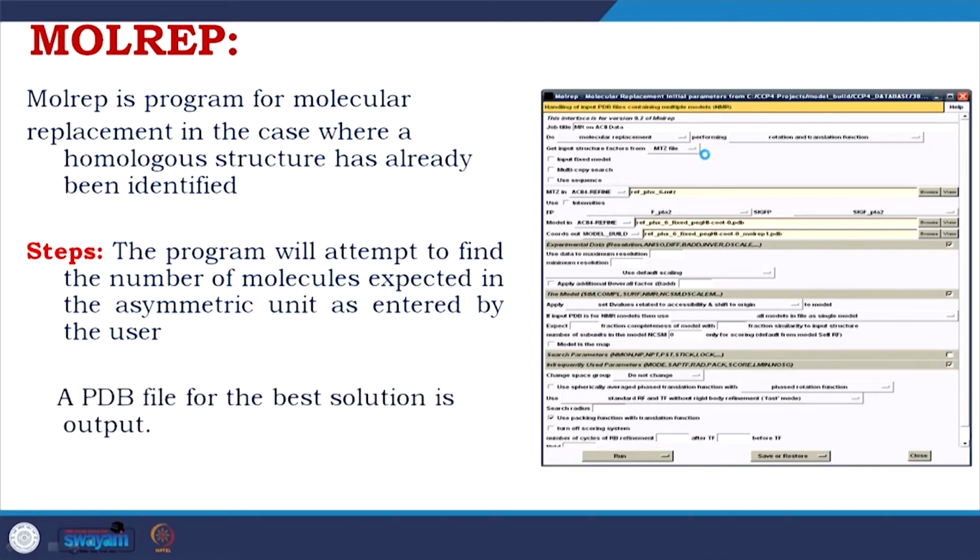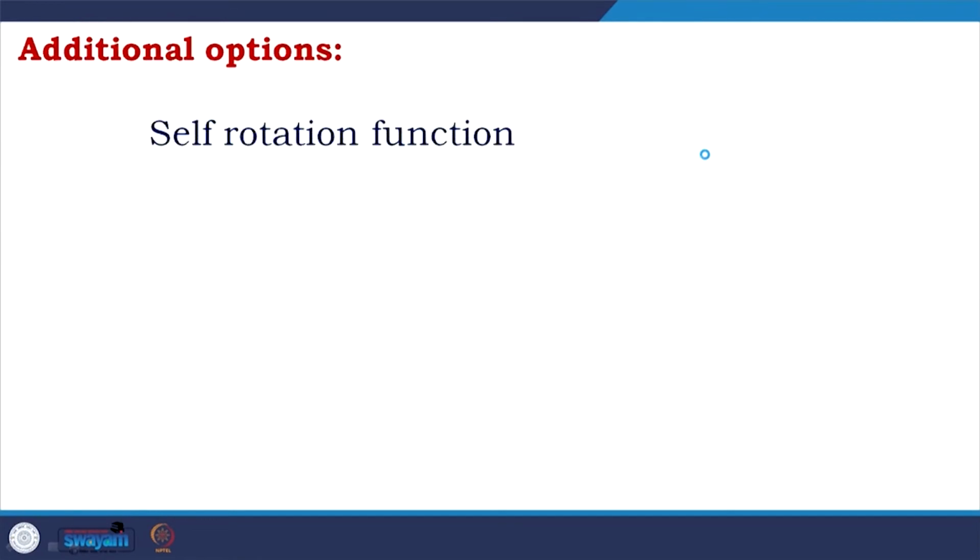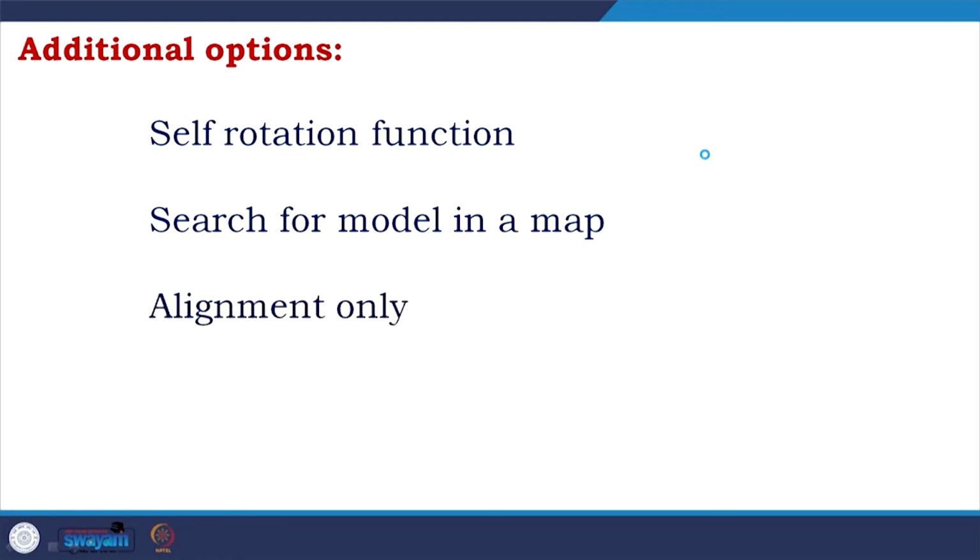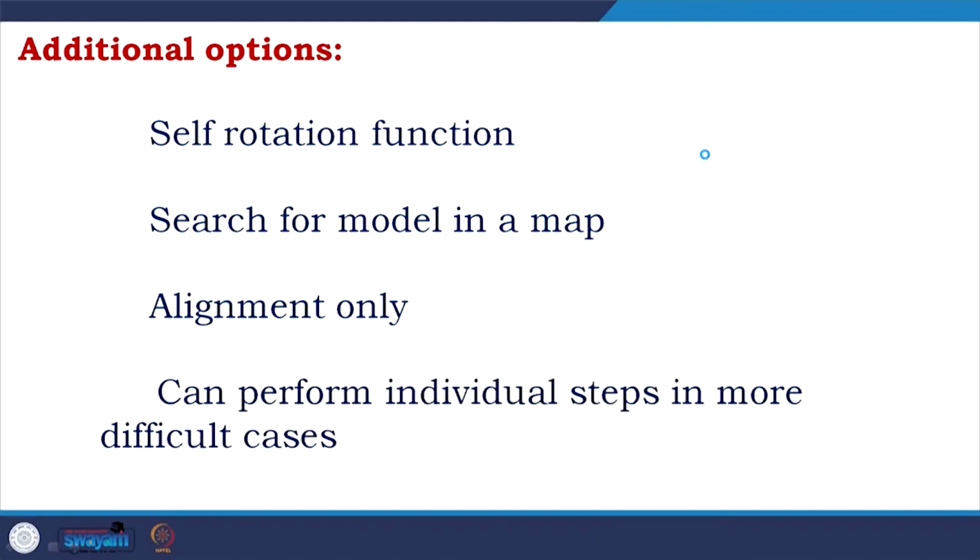A PDB file for the best solution is the output. Additional options are there, which are self rotation function. So, you go for a solution, but there could be a self rotation function. Search for model in a map, alignment, also can perform individual steps in more difficult cases.